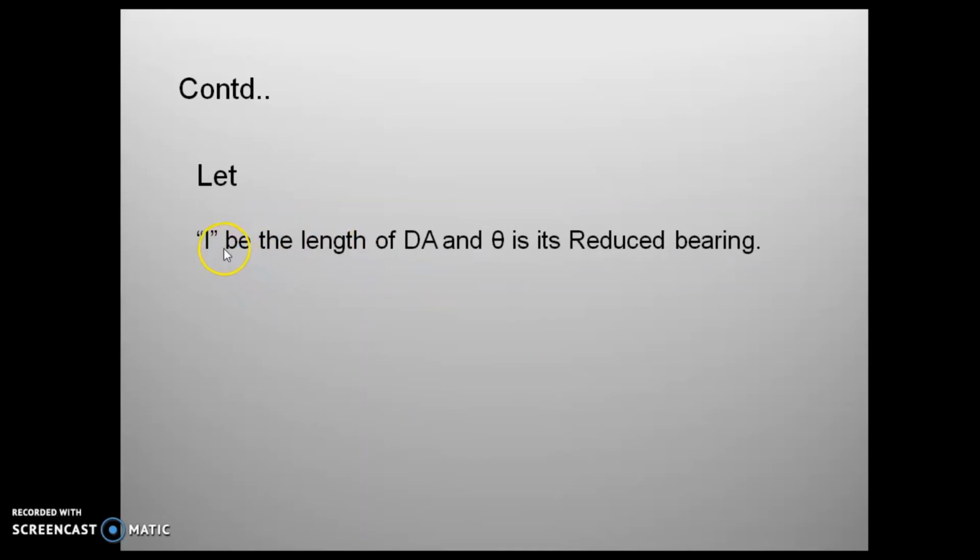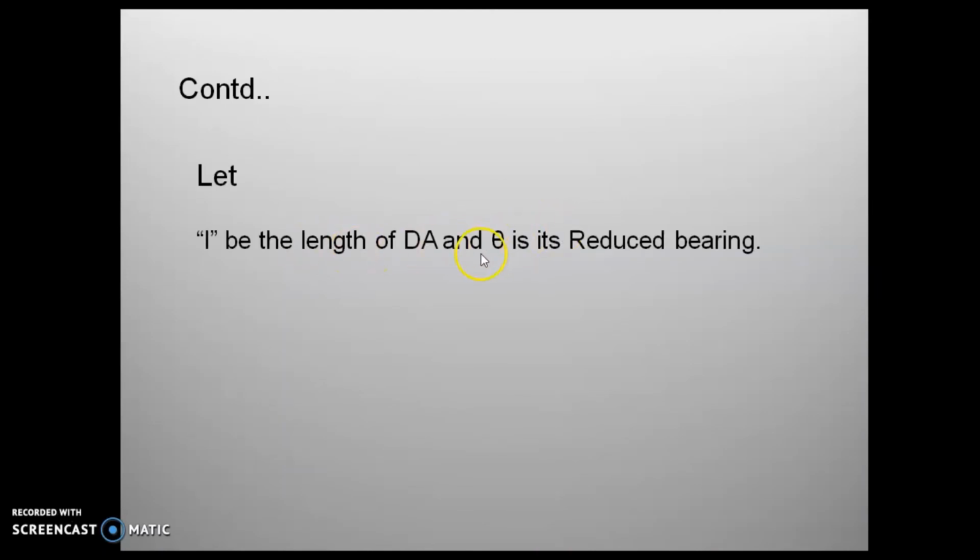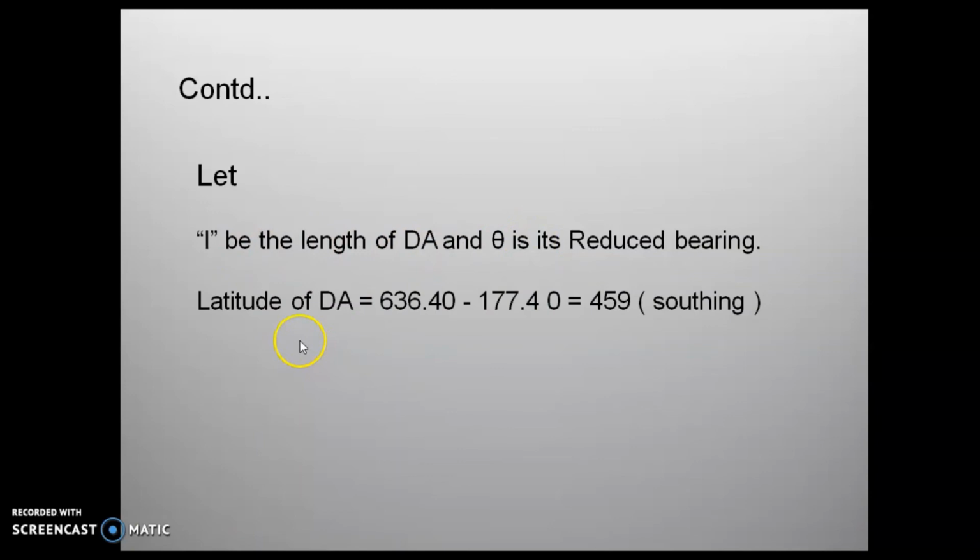Now let L be the length of DA and theta the reduced bearing. As I don't know them, I am writing L as the DA length and theta as the reduced bearing. Sum of latitude of DA will equal the overall sum of latitudes minus the latitude of AB. Why have I taken this one?